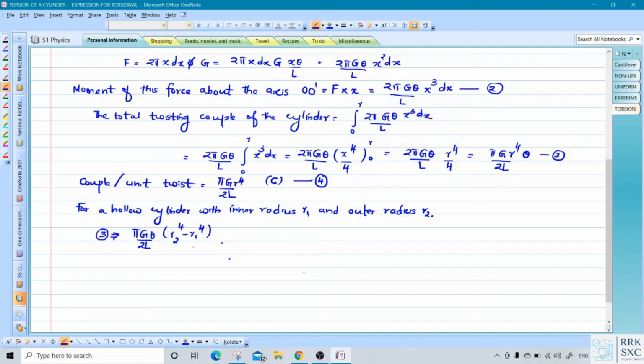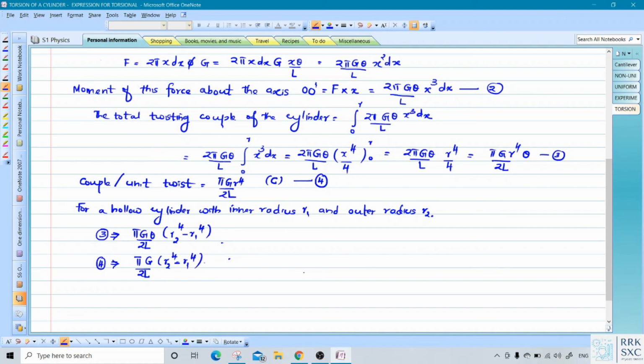Similarly, the couple per unit twist, that is equation number 4, will get modified as pi g by 2l into r2 raised to 4 minus r1 raised to 4.